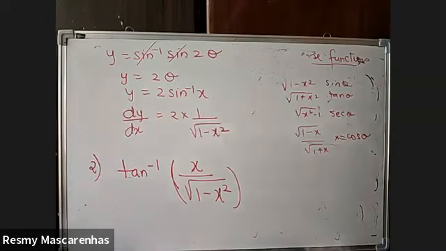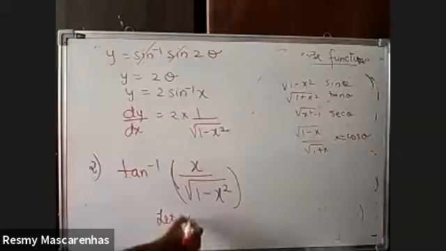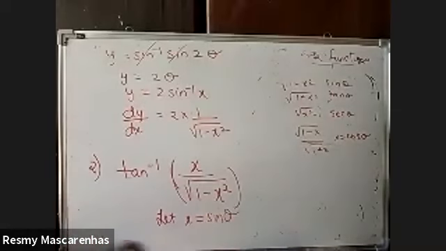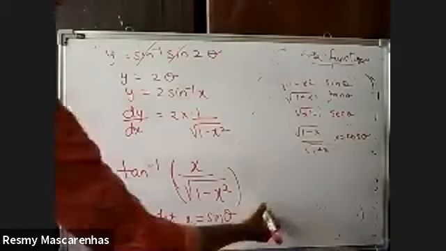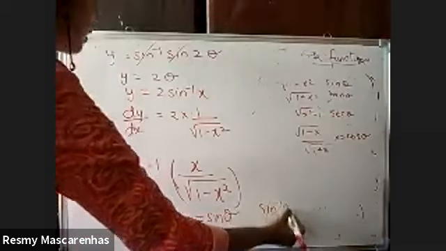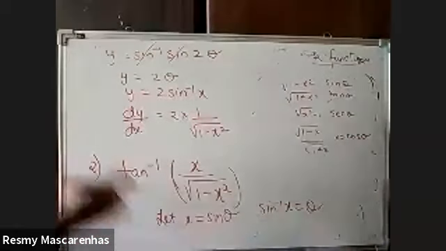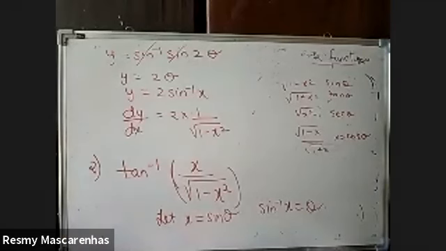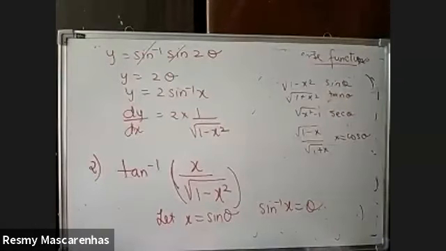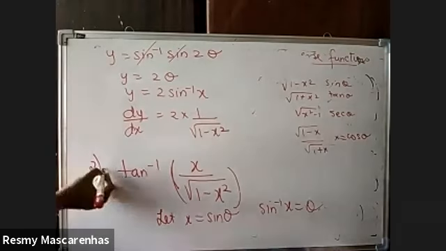So same substitution, let x be equal to sine theta. So what will be theta? Sine inverse of x will be equal to theta. So write the function. You can take this as y.